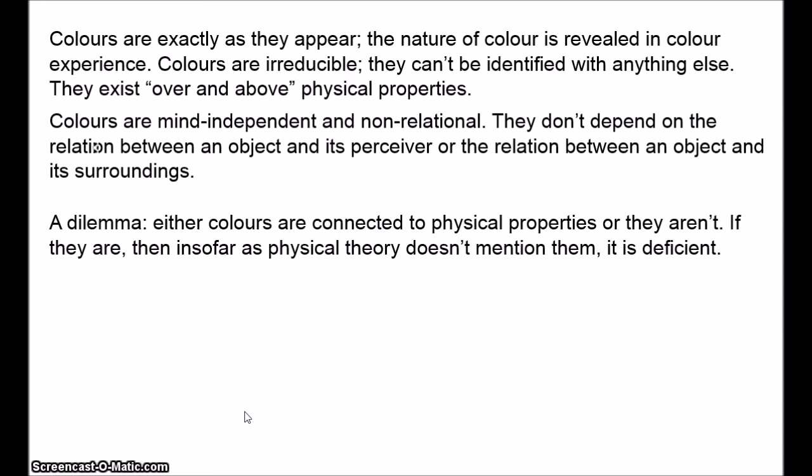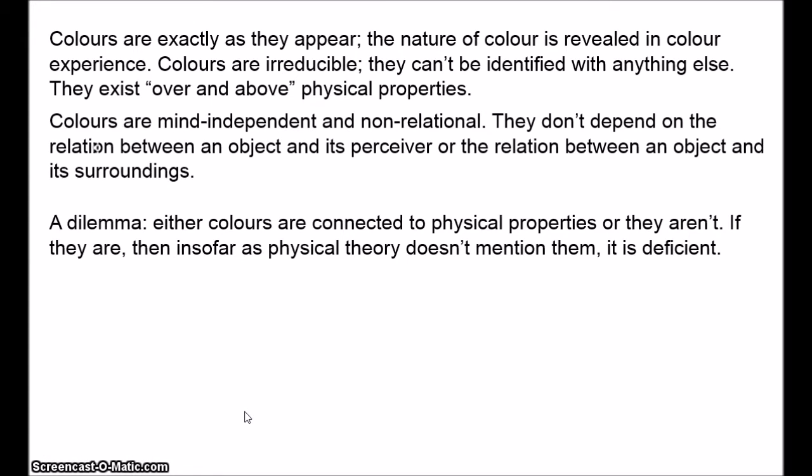We have a pretty good story of the causes of colour sensations. We're very foggy about how colour is processed in the brain, but in terms of the processes going on in the external world that cause colour, we actually know those very well. Just go back and watch the first video in this series. We understand wavelengths of light. We know what light is and how it's produced. We understand how light interacts in different ways with different objects.